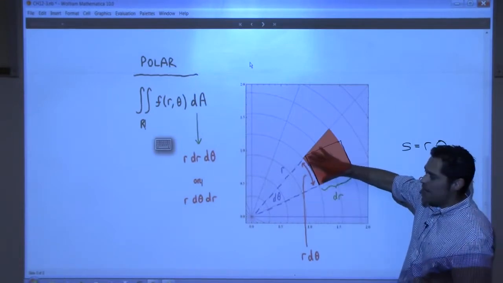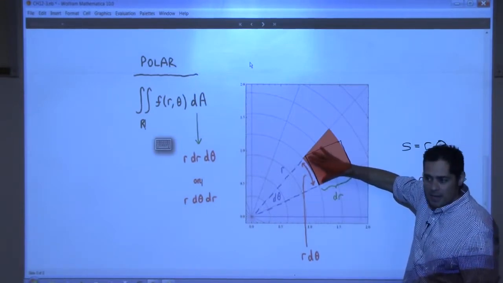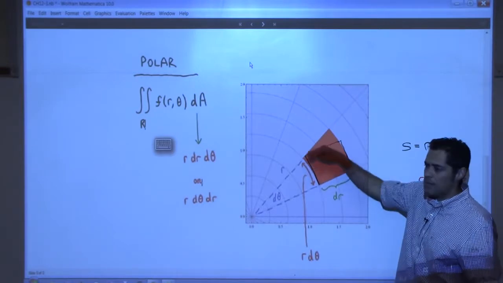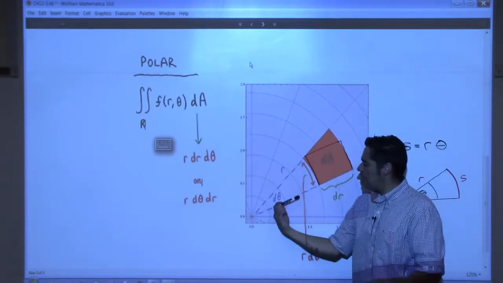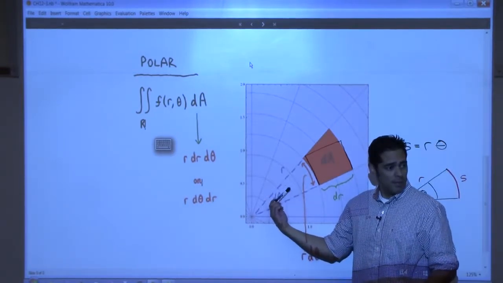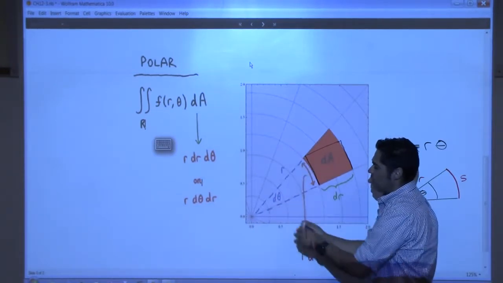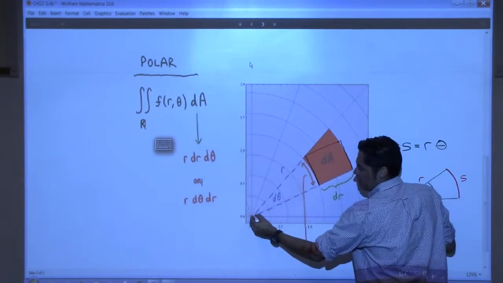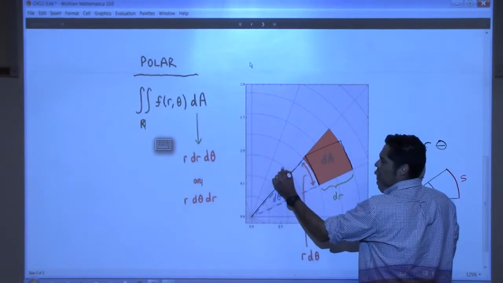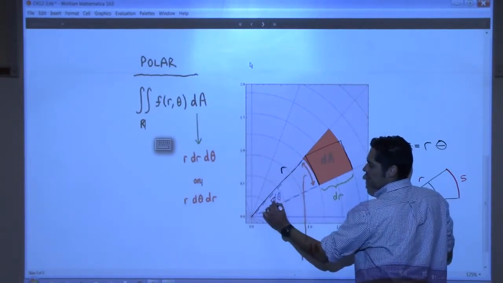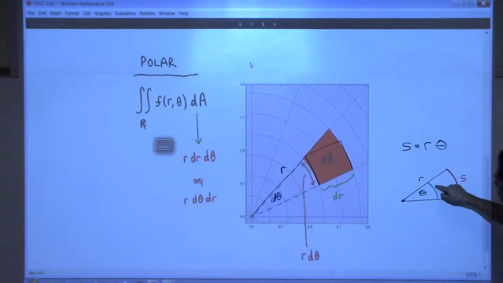But this piece right here is not d theta. That's what a lot of people think, that it's just d theta. No, d theta is a measurement of the angle. You actually need the length of this arc, so you measure from here to here. We call this r. If this is d theta, then we're right back to this picture, r, but then this is d theta.